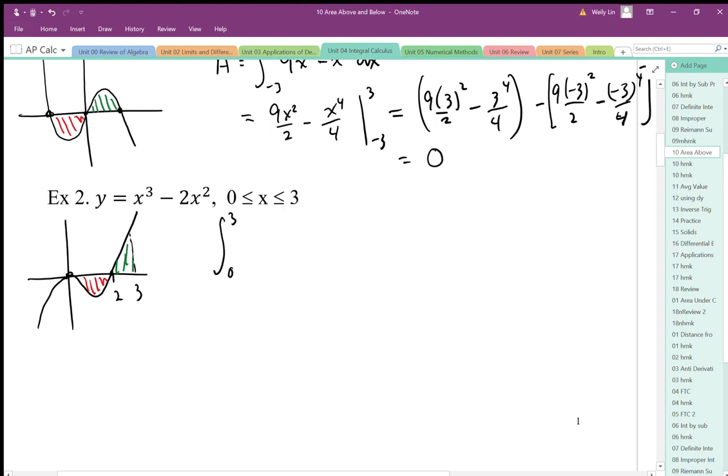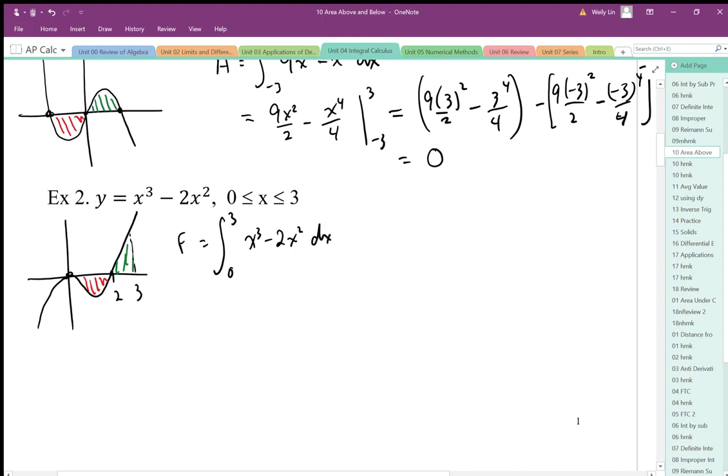So I'm going to find out here. The change in big F is equal to the area under the derivative function from 0 to 3.